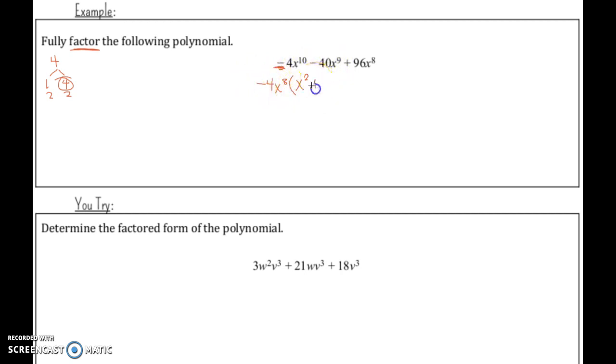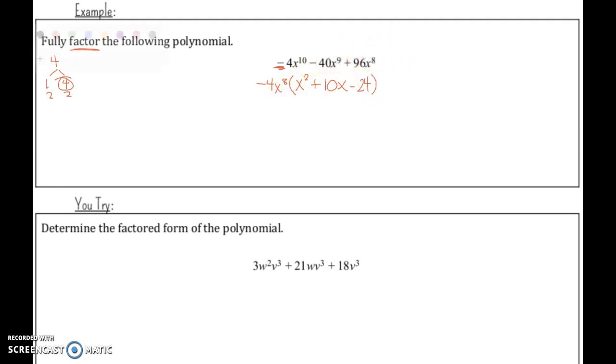That gives me a positive 10. I have 9 x's. I'm taking 8 away, so I'm left with just 1 x. And then 96 divided by negative 4 gives me a negative 24. And I have 8 x's. I'm taking 8 away, so I am done.